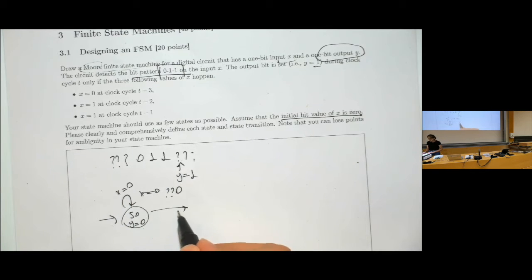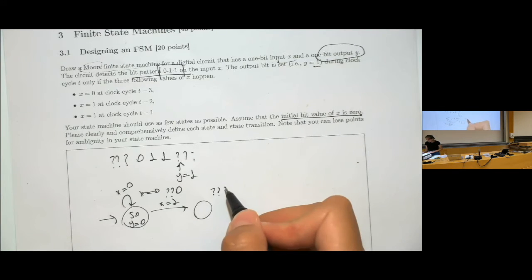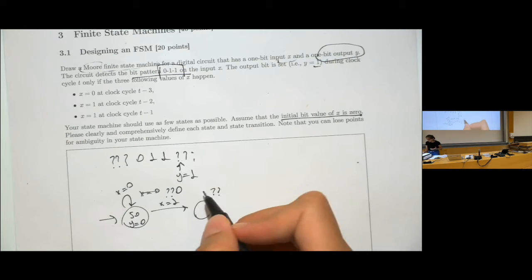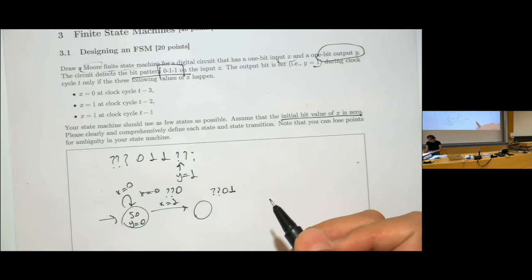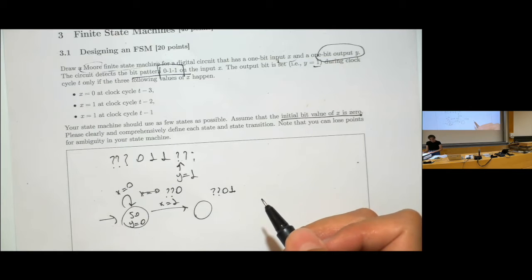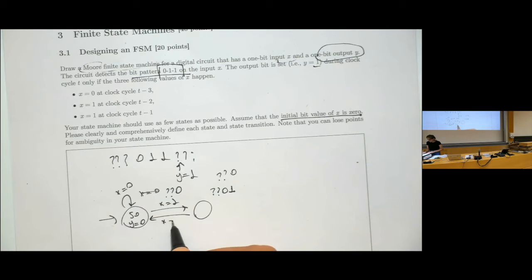But if your X equals 1, then you go to another state, which just describes a pattern where the initial bits are not important, but it ends with 0, 1. So in this one, if you get any 0, then your pattern becomes something 0, so you have to go to the initial state where the last bit you observed is 0.